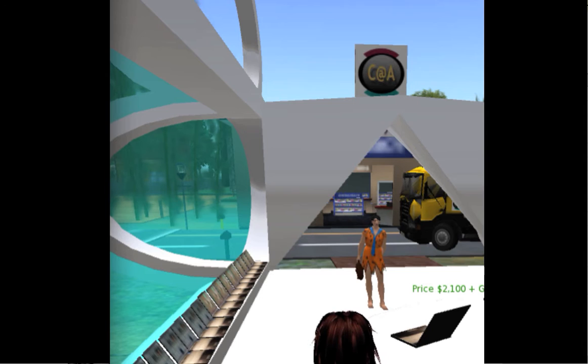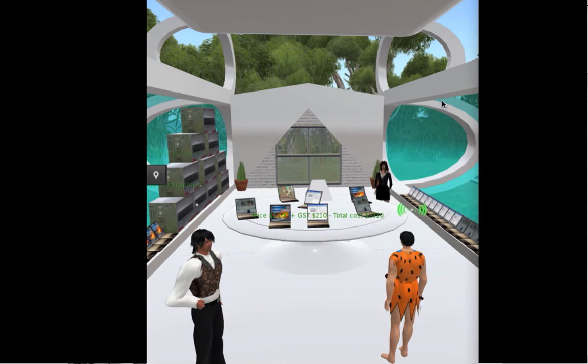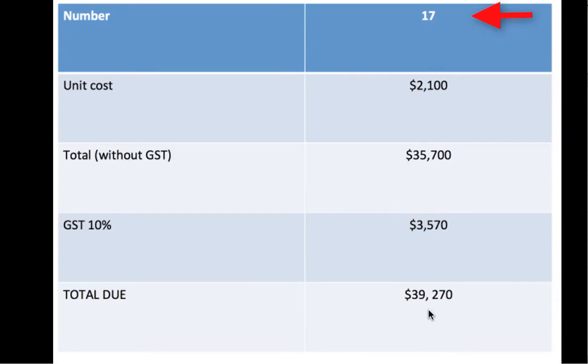GST is 10%, and that means it is $210 per computer, and each computer will be $2,310. I will just put that in the cash register. 17 computers at $2,100 each is $35,700 plus GST of 10% is another $3,570.